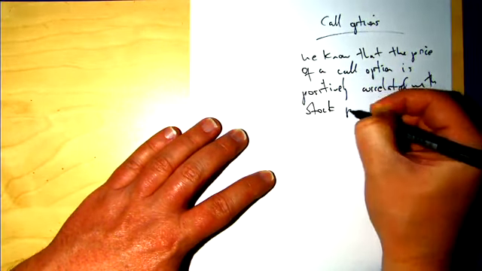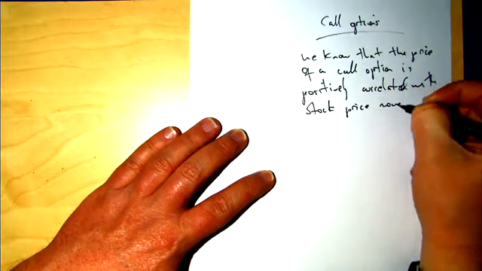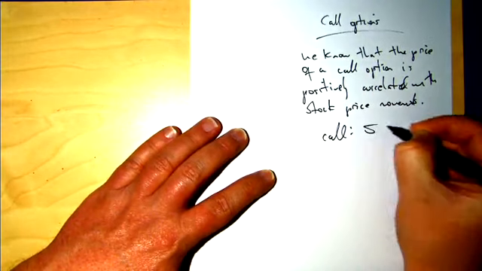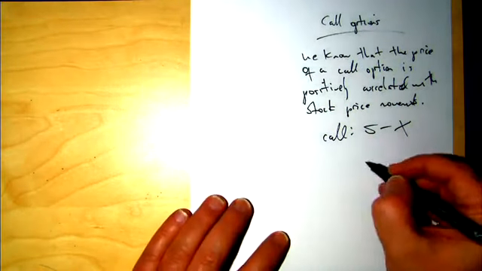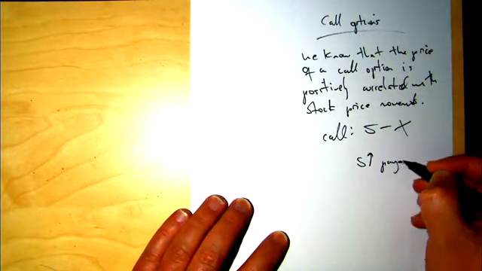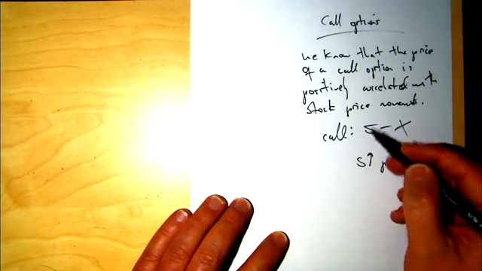What do I mean by that? Well, for a call option, generically, your payoff is S minus X. So if the spot price goes up, then the payoff will go up. As this goes up, you get a higher payoff, so the price of the call option will increase. So stock prices go up, call option prices go up.